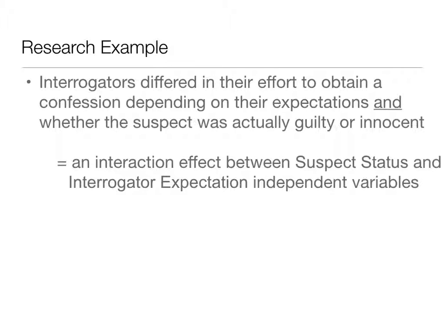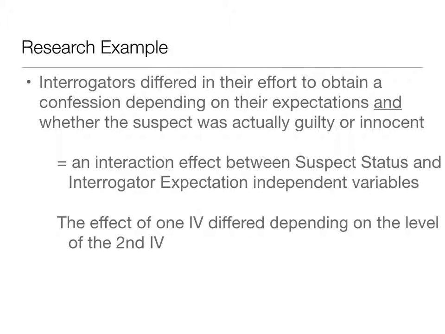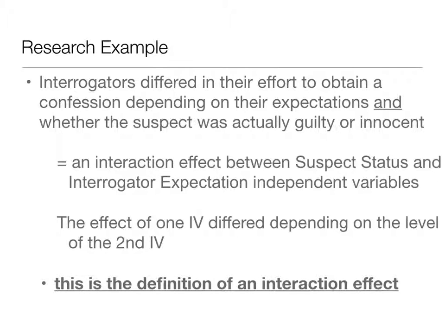This is telling us that there's an interaction between both the suspect's status and the interrogator expectation independent variables. The effect of one independent variable differed depending on the level of the second independent variable. And again, that's the definition of an interaction effect, that something different is going on when we look at these things together than when we looked at them by themselves.